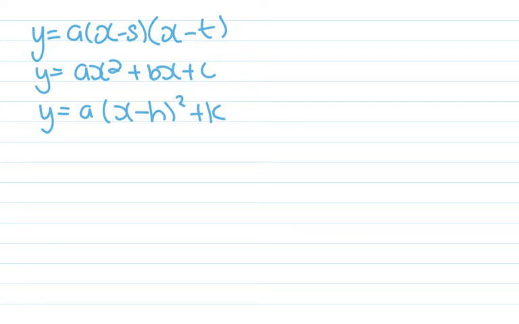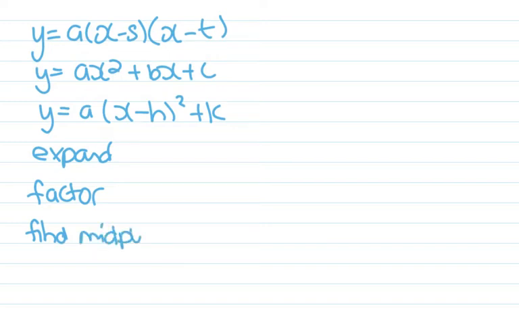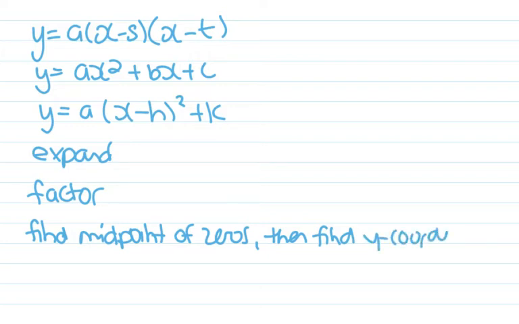It's possible to convert from one form of the equation to another by using different tools. To go from factored to standard, you need to expand. To go from standard to factored, you need to factor. To go from factored to vertex, you would find the midpoint of the zeros, which is the axis of symmetry, and then find the y coordinate of the vertex by putting the x value, the axis, back into the equation.